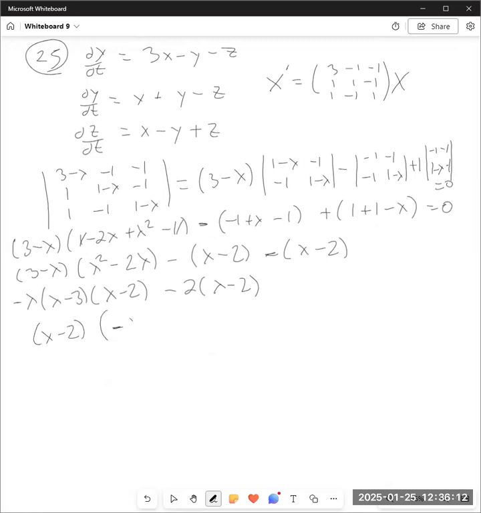Then I have a negative lambda squared plus 3 lambda here, and then minus 2 there. So that's going to factor that negative out. I'll just leave that out there actually. Negative lambda minus 2, just multiply this in there is lambda squared minus 3 lambda minus 2. That works. And then that equals 0. So this is negative lambda minus 2 times lambda.